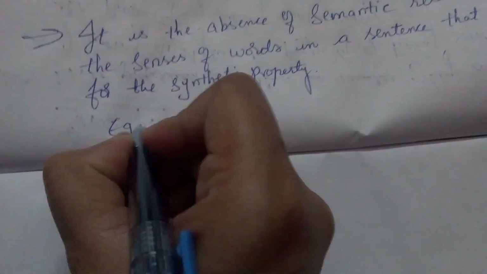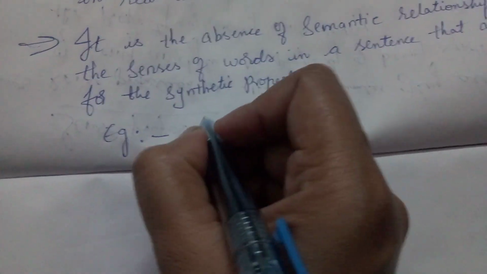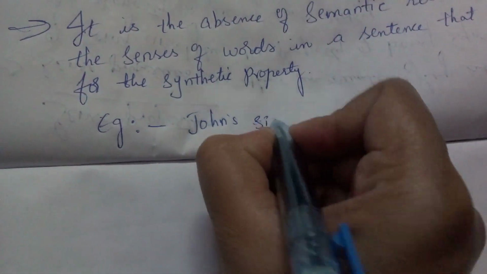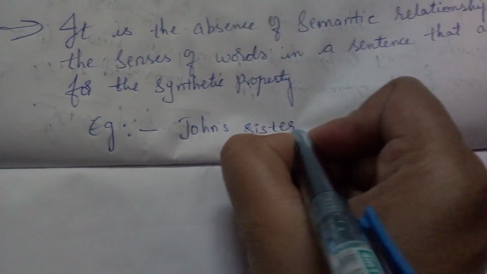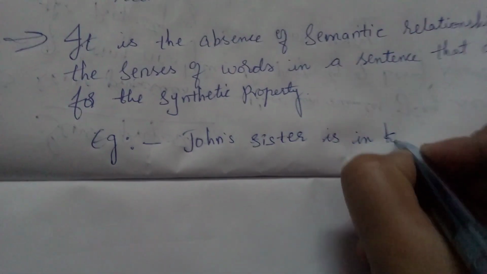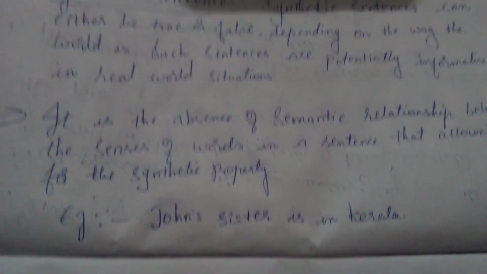Example: John's sister is in Kerala. It may be true or it may be false.